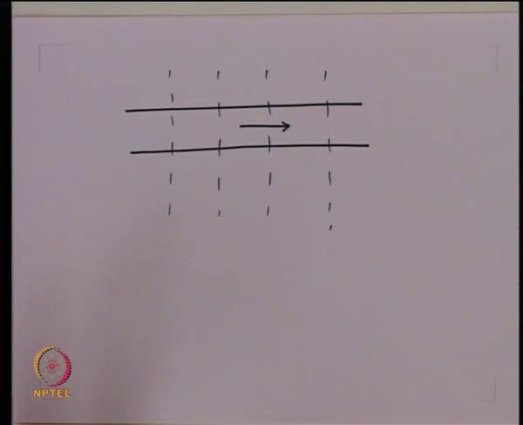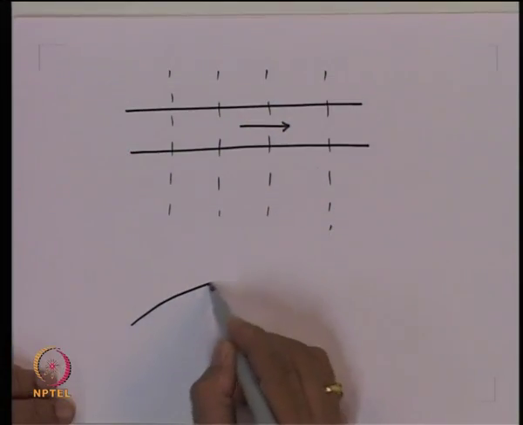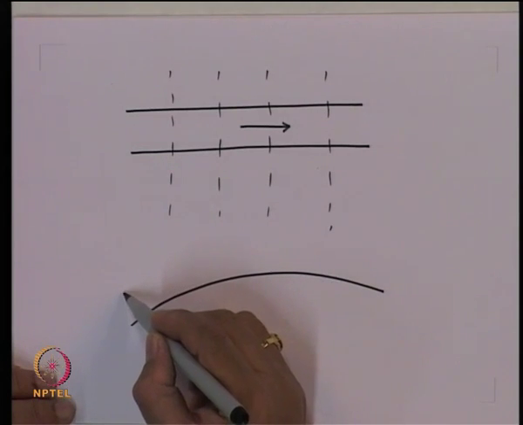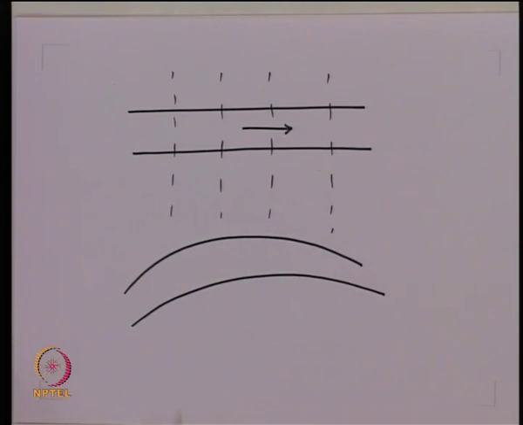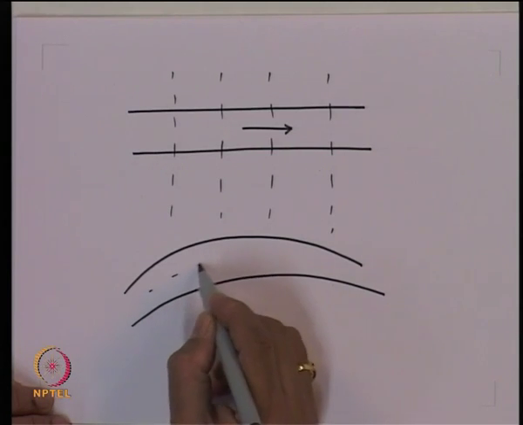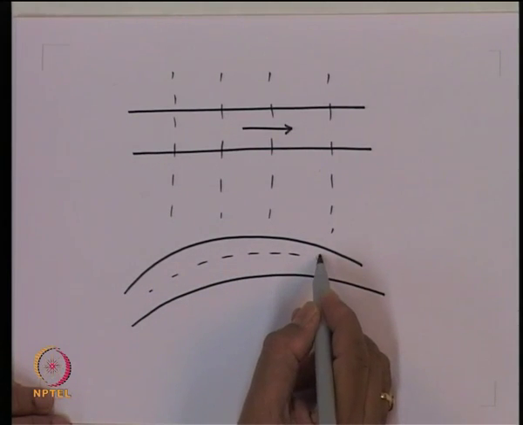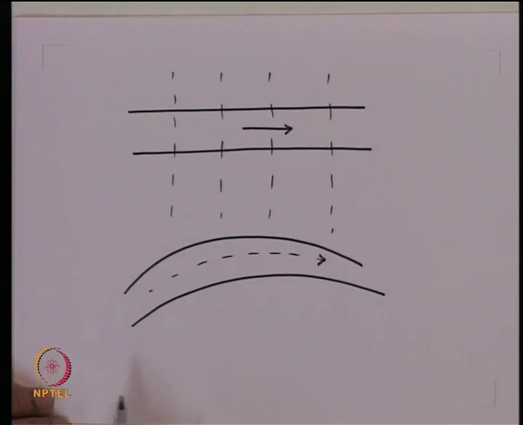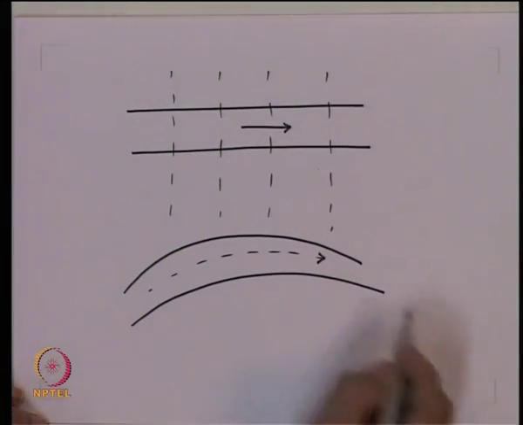However, now if I gently bend the fiber, then the fiber becomes an arc like that. So, this is the fiber now, and the phase fronts are again perpendicular to the direction of propagation, but the direction is now along this arc. So, the phase fronts are no more parallel, but they are like a fan which is pivoted at the center of curvature of this arc.